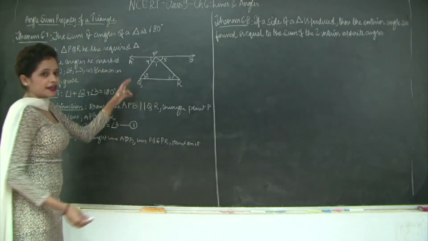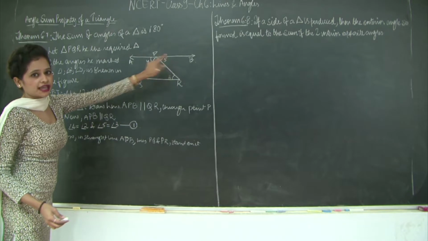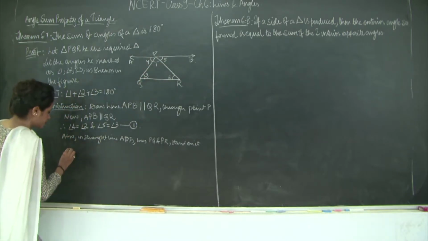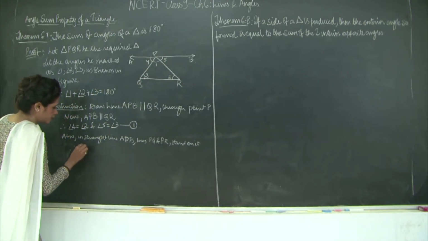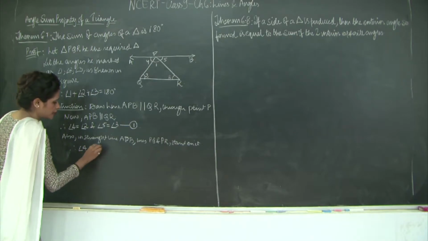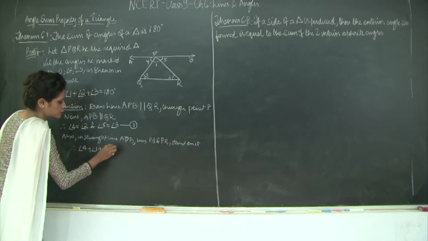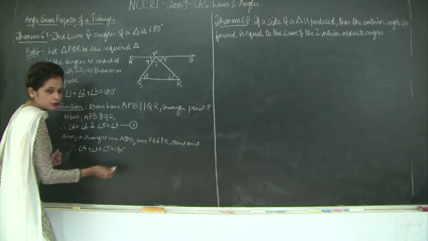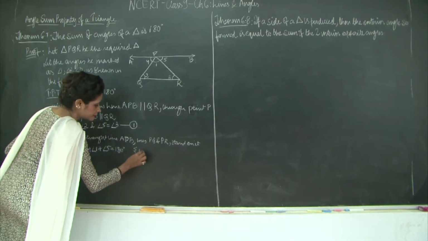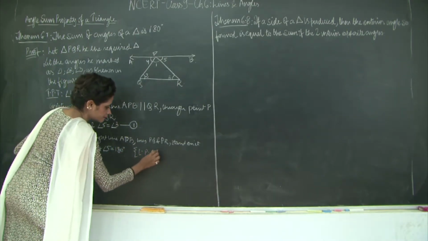Correct? Therefore, through the linear pair axiom, angle 4 plus angle 1 plus angle 5 is equal to 180 degrees, and in brackets I am going to say linear pair axiom.